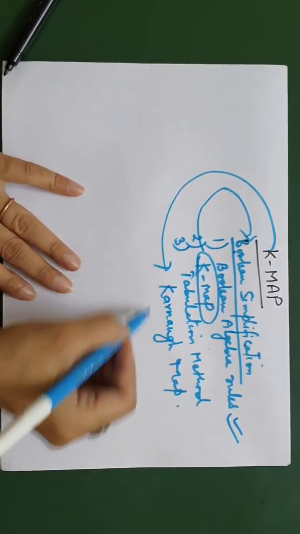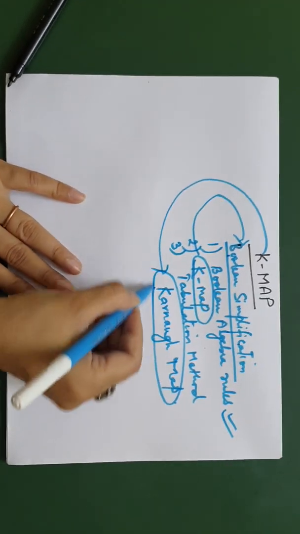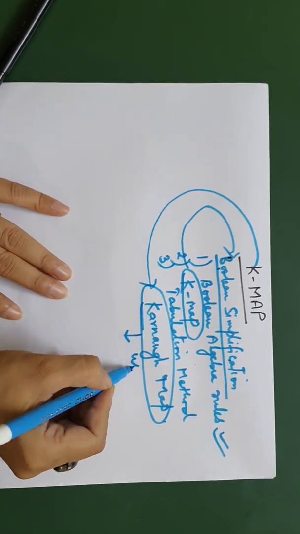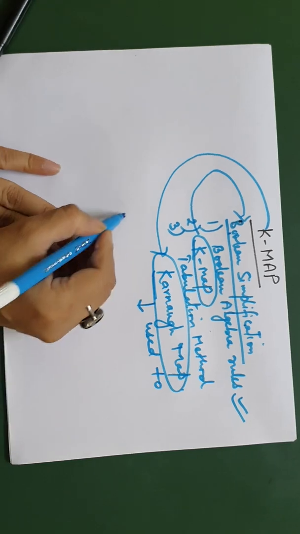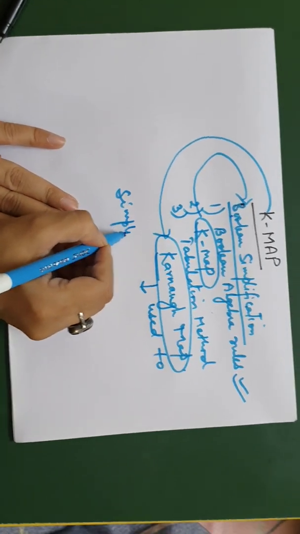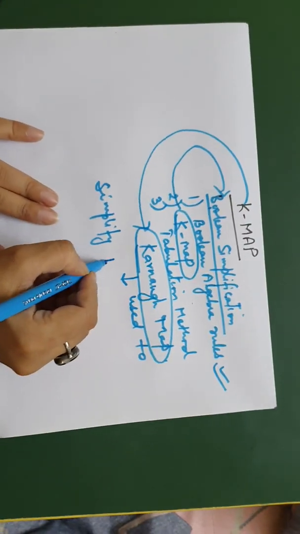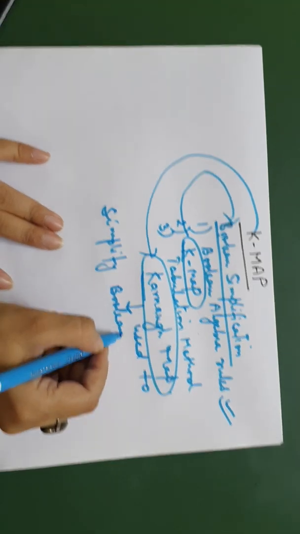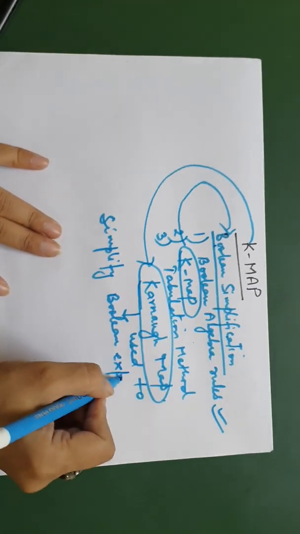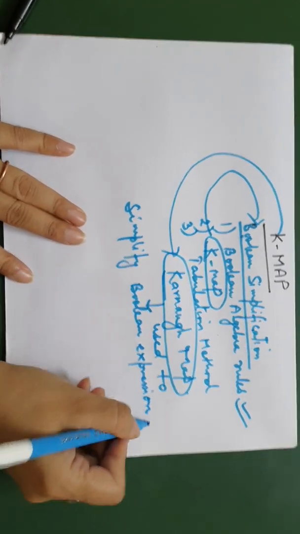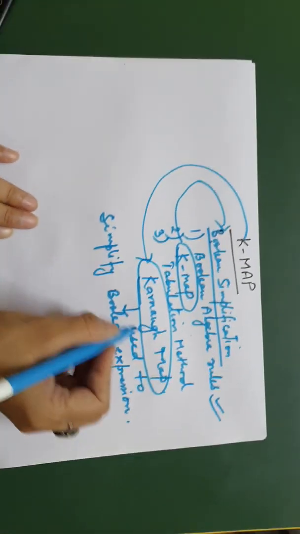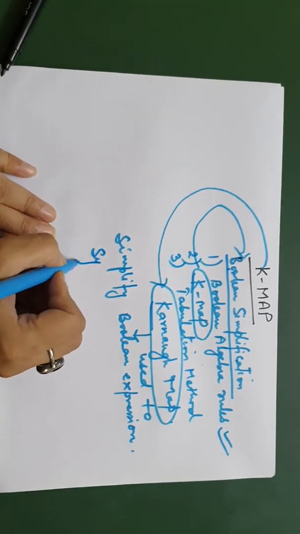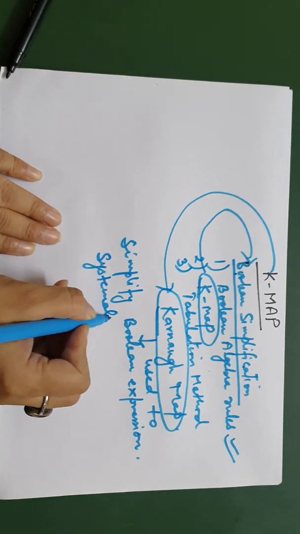K map is basically used to simplify a Boolean expression, and it is a systematic method.